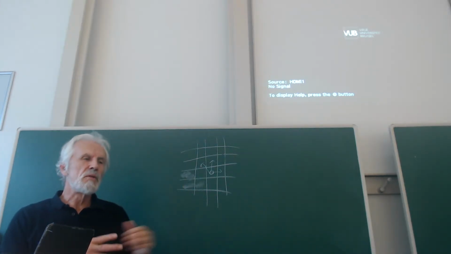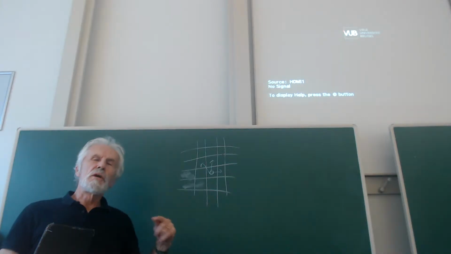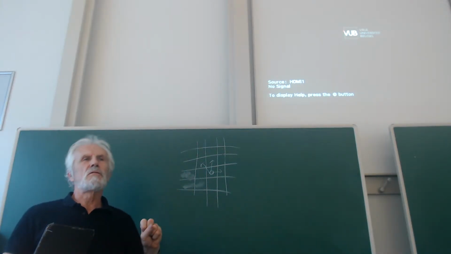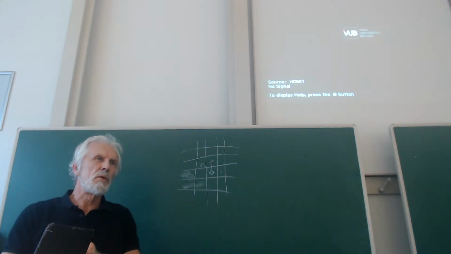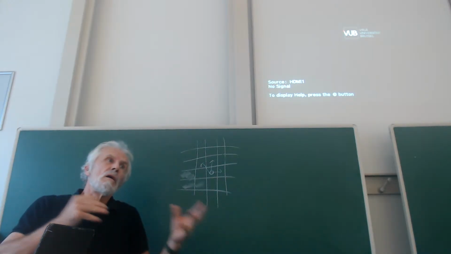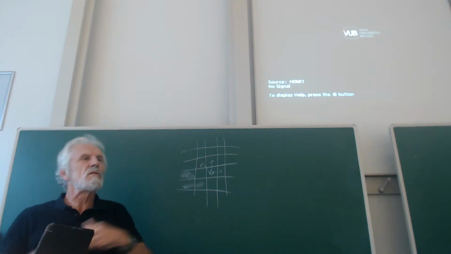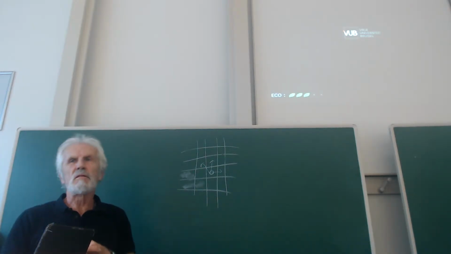They speak to one prisoner alone and they say, if you give us evidence about the other guy, you will get out and the other guy will get the full punishment. But if both of them give evidence against the other guy, well, then they both get some punishment, but less.